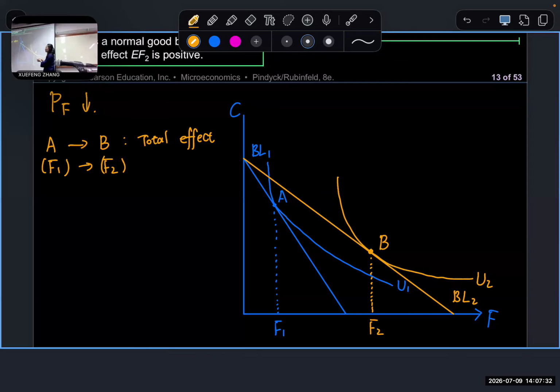That means we're gonna draw an imaginary budget line. Take BL2, draw a budget line parallel to BL2, and then move it until it is tangent to utility 1. Okay, this is how we find the substitution effect. So let's try it. The line should be parallel to budget line 2 and then tangent to U1.